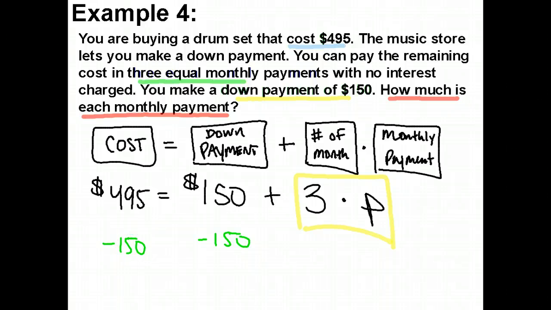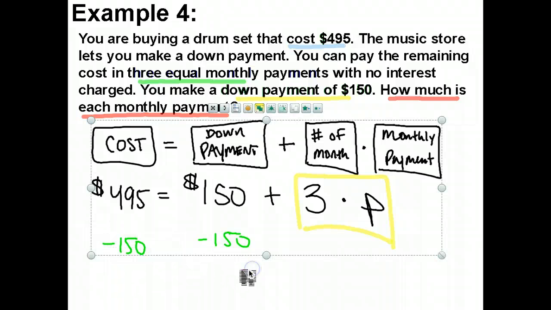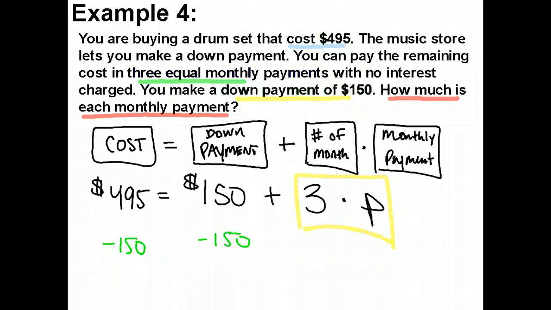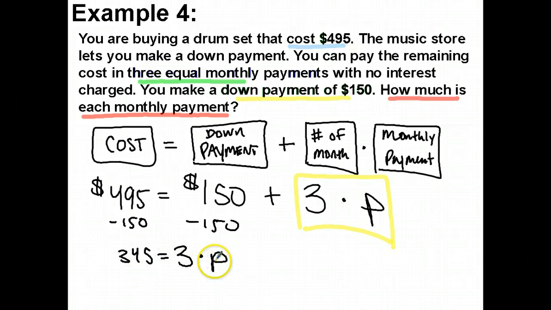All right, so we subtract 150 from both sides, and looks like I might run out of some space here. So let me make that a little smaller. All right, so left-hand side of things, 5 take away 0 is 5, 9 take away 5 is 4, 4 take away 1 is 3, equals 3 equal payments.